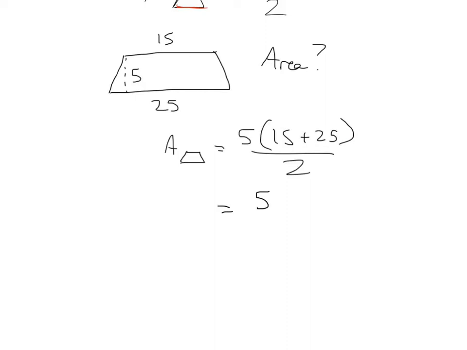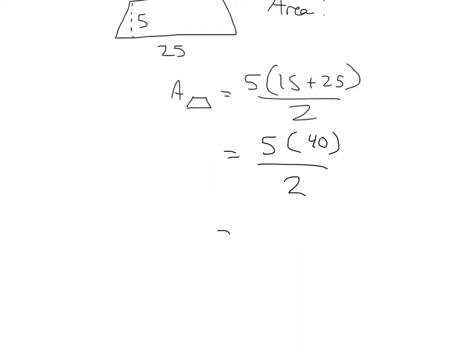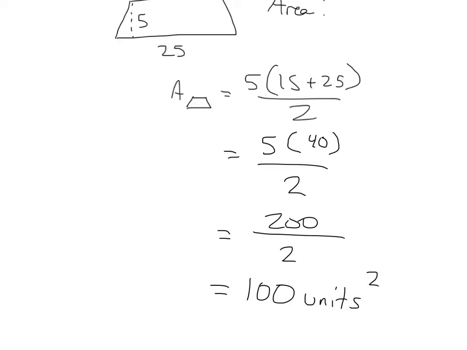So it's really like taking 5 times 40, since 15 plus 25 is 40, and dividing that by 2. 5 times 40 is 200. Divide that by 2. 200 divided by 2 is, of course, 100, but we're talking about area, so it's going to be units squared.